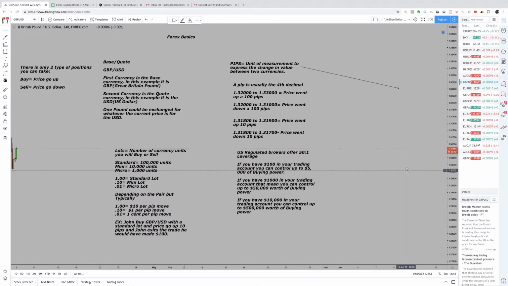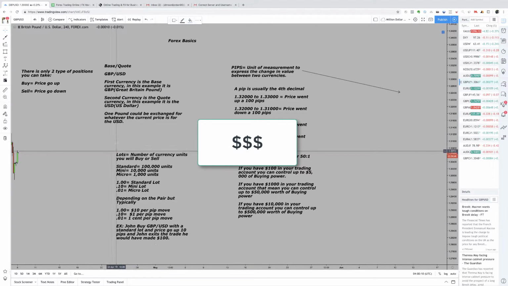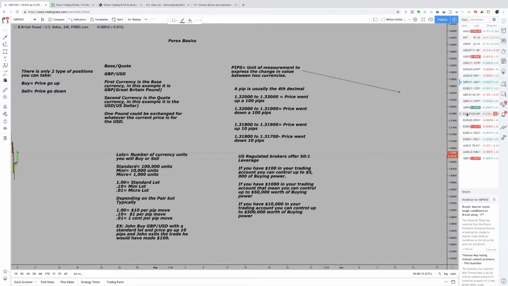Now, pips don't really do any good if you don't have any value or money on it. So next, let's look at lots. Lots equal the number of currency units you will either buy or sell, dealing with volume. For example, one standard equals 100,000 units.